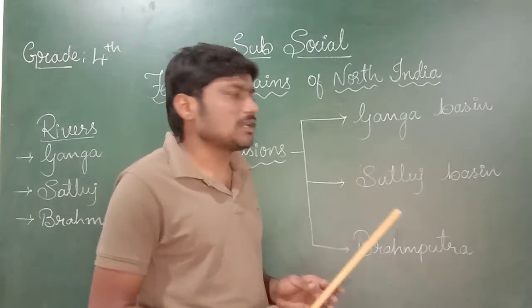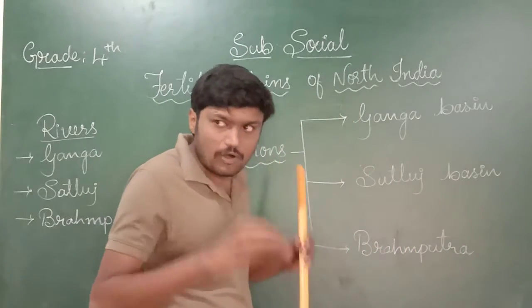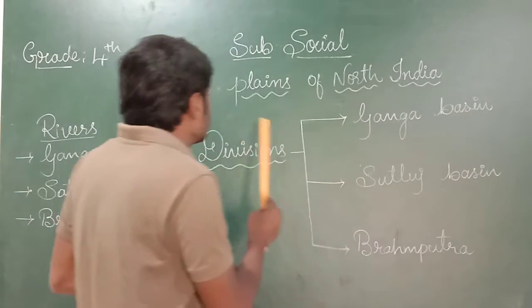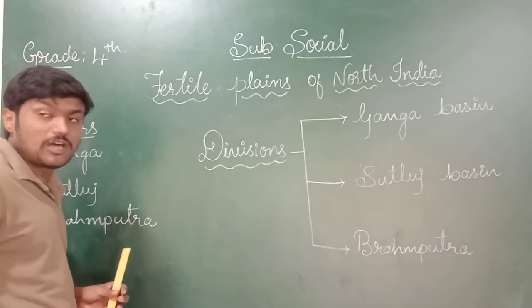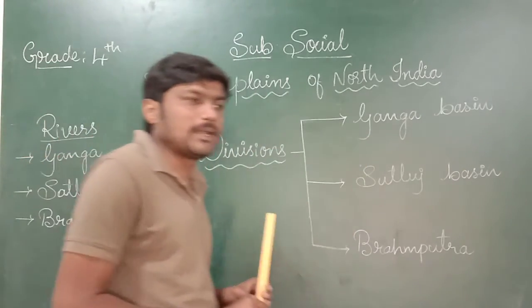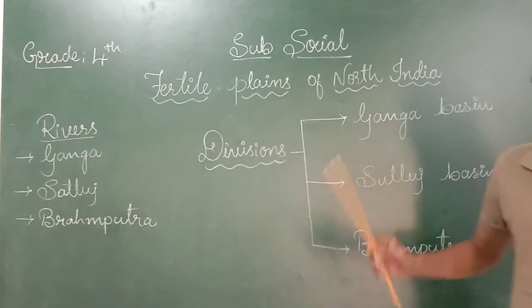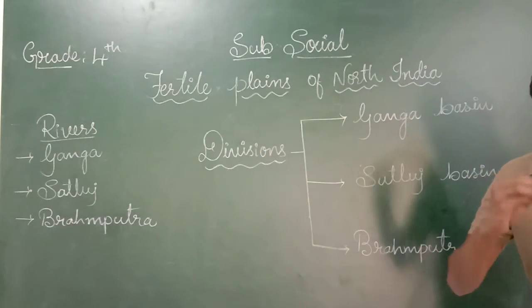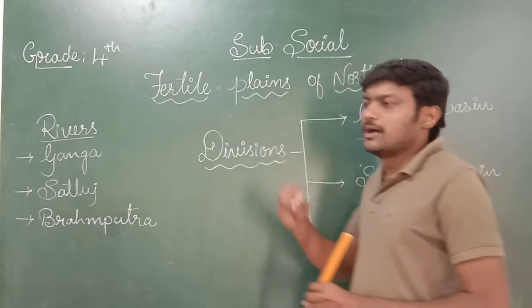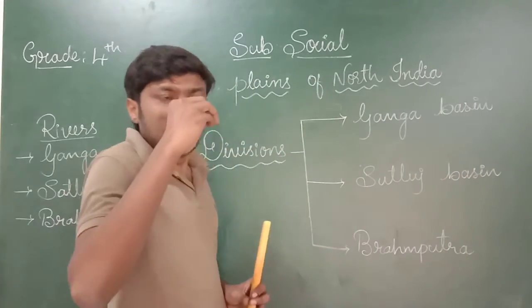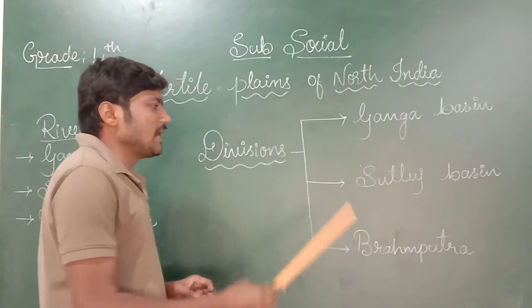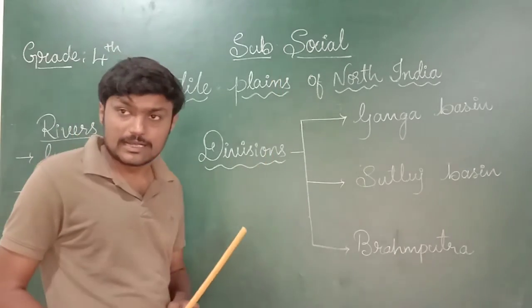The major occupation of this area is farming, and the people of the fertile plains of North India depend on agriculture itself. Why? Because the soil is very fertile and very good for agriculture, so they are dependent completely on agriculture.